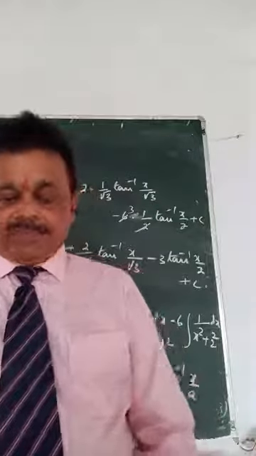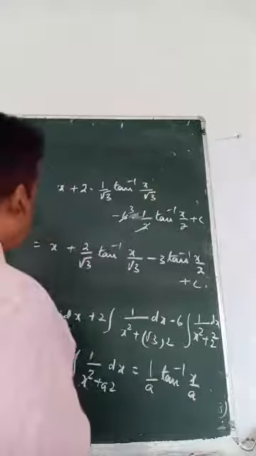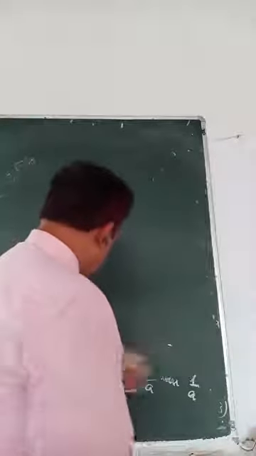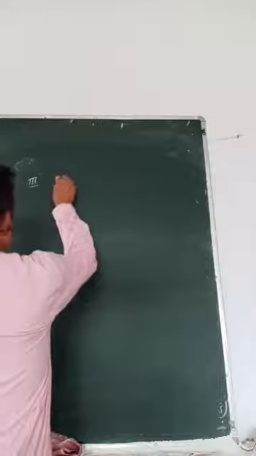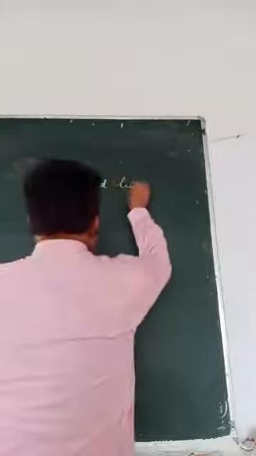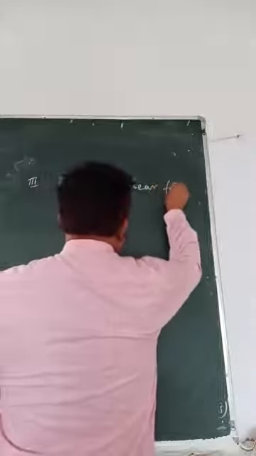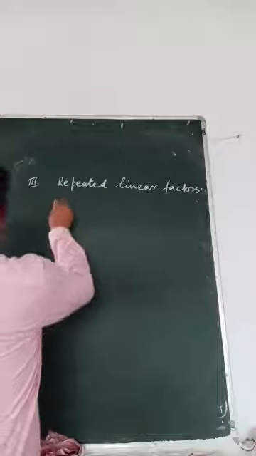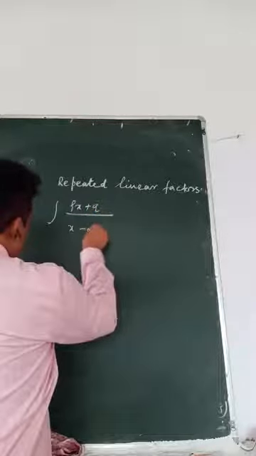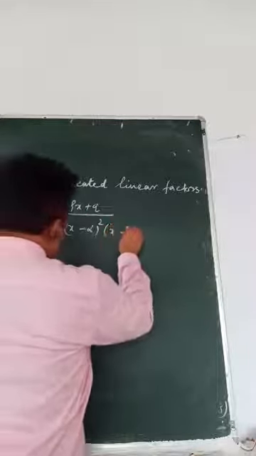Okay. Now this pattern is over. Say a new pattern. The new pattern means repeated roots. The third pattern is repeated linear factors, like (px plus q) by (x minus alpha) whole square times (x minus beta).